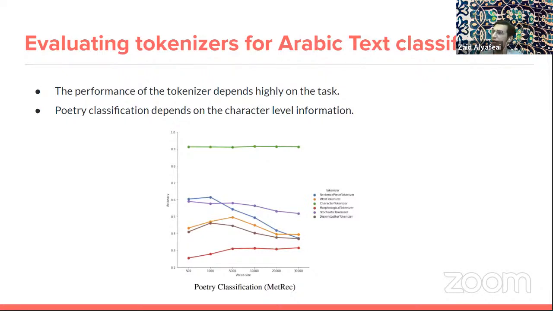Long time ago, the different poems had a different rhythm to them, and every poet would create a poem from a certain class of poems, right? So this highly depends on the characters. So we'll see that the character tokenizer actually achieves much better results compared to other tokenizers.